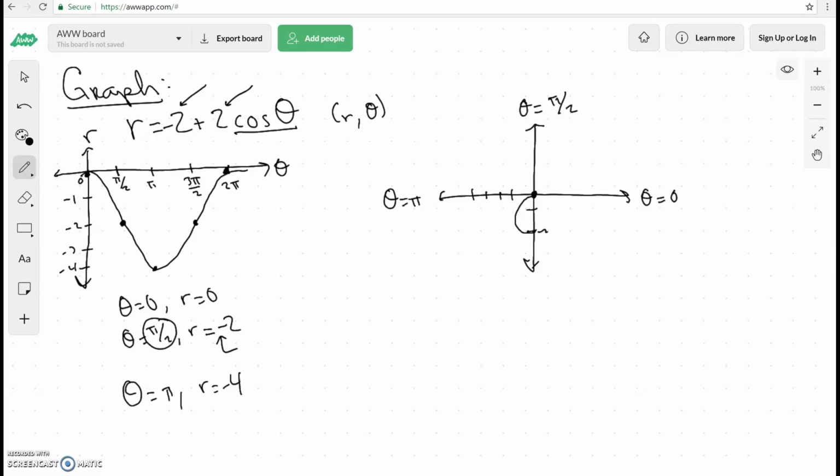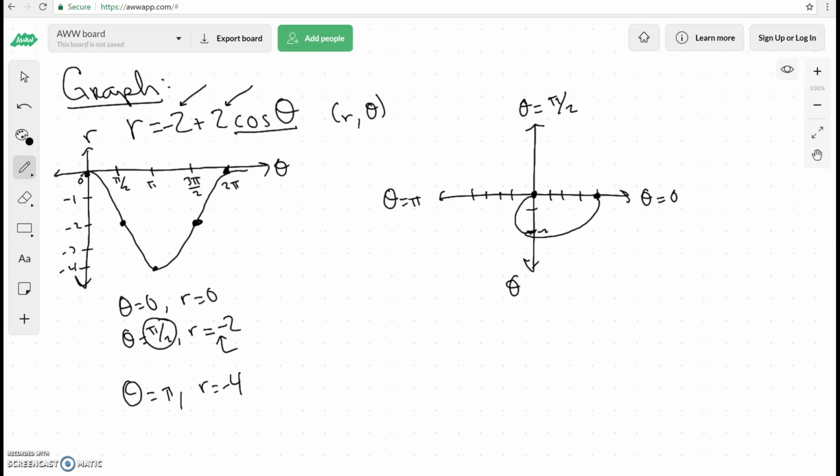It's going to go in the opposite direction. So 1, 2, 3, 4. It's going to go that way. Here is my point at theta equals pi, going opposite. Oops, I messed this up.